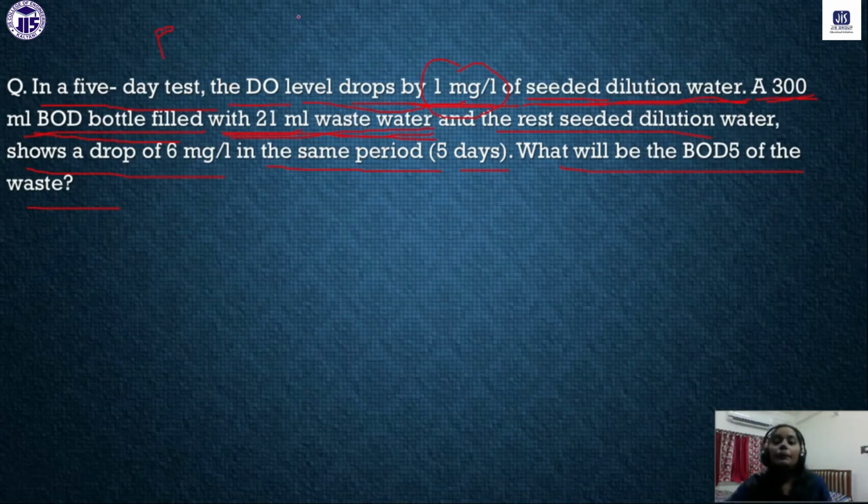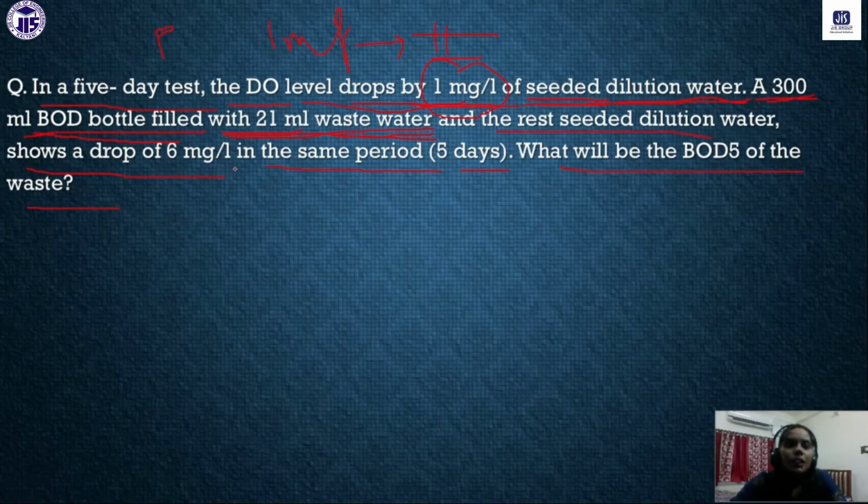That means this value is given only for bottle 2, where we have taken the seeded dilution water only. That means this level of 1 milligram per liter is given for the diluted water.